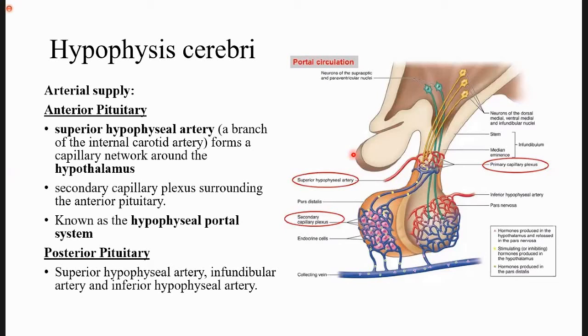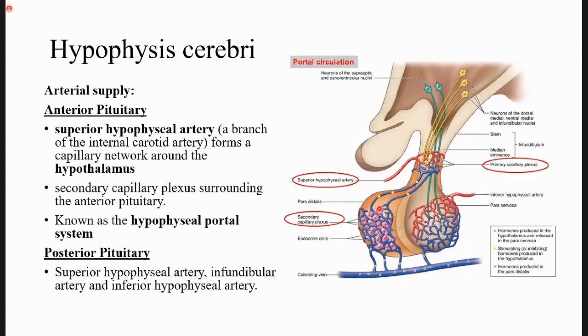Then these capillaries reunite to form the veins, and the veins then again break up into sinusoidal capillaries. And again, they unite to form the veins. So there are two sets of capillaries present. One is over here, the other one is over here. So this is called the hypophyseal portal system. This is specific for the hypophysis cerebri.